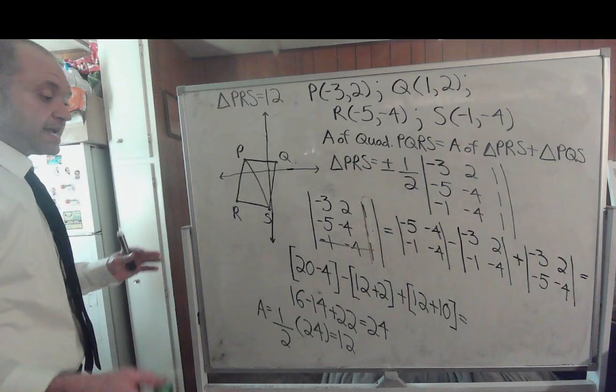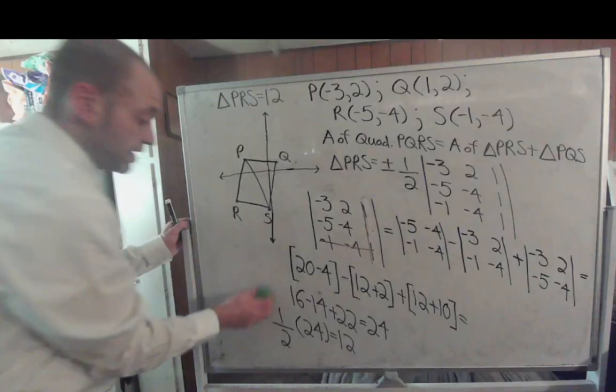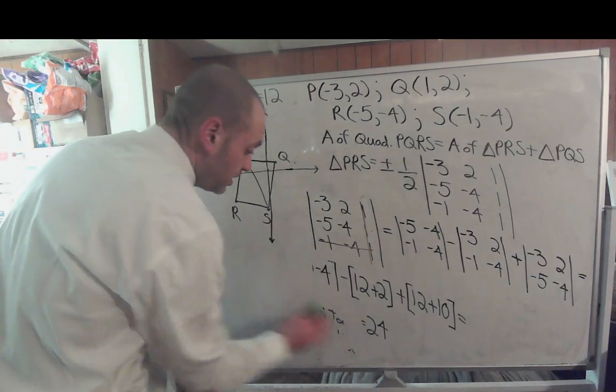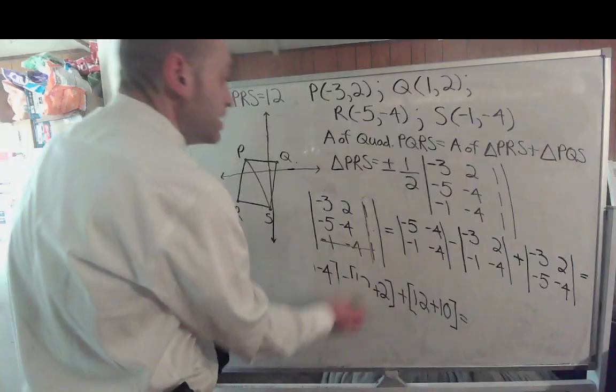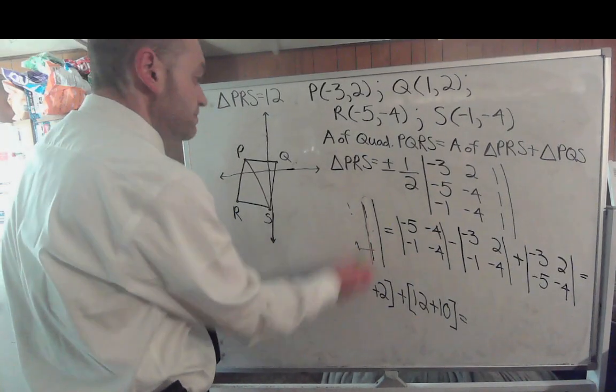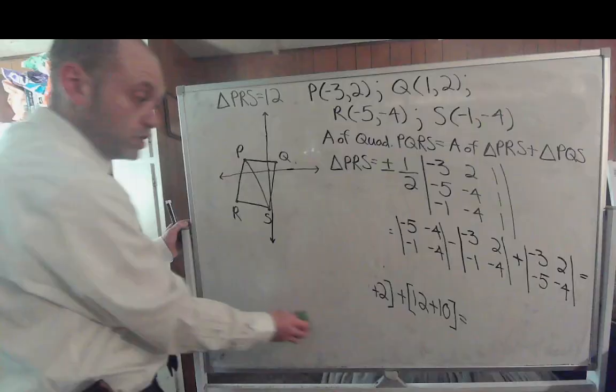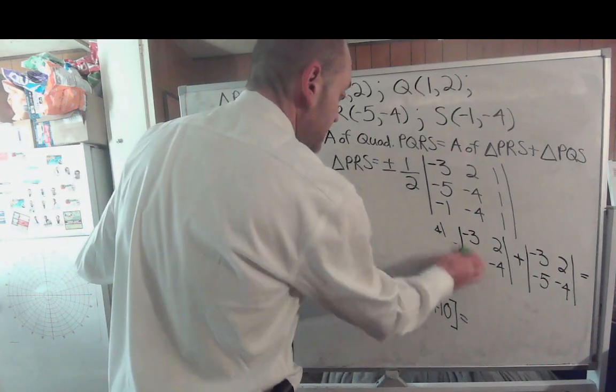All right, now we're only halfway done because we also have to evaluate triangle PQS to find the second triangle.